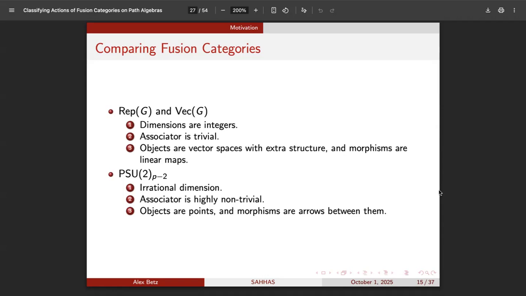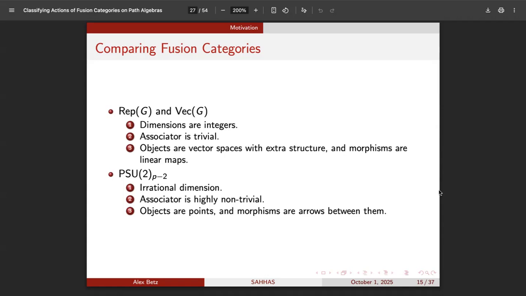Now, for PSU(2), we have irrational dimensions. The associators in these categories are still isomorphisms between the different ways you can parenthesize, but they're highly non-trivial. To write one down takes a tremendous amount of effort. And because these have irrational dimension, I'm going to lie slightly and say you really can't think of them as vector spaces on the nose, because it doesn't make sense to associate an object here with a vector space.